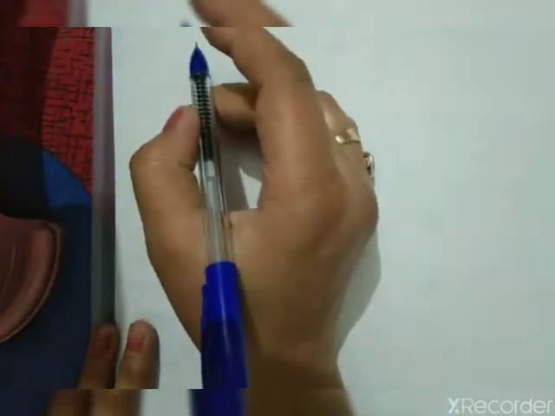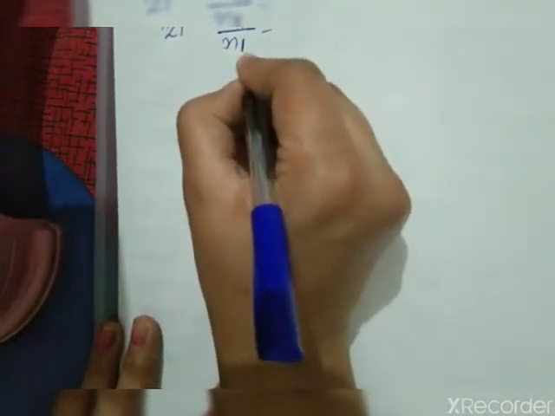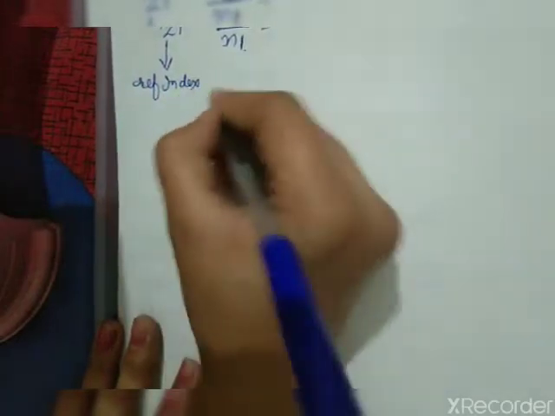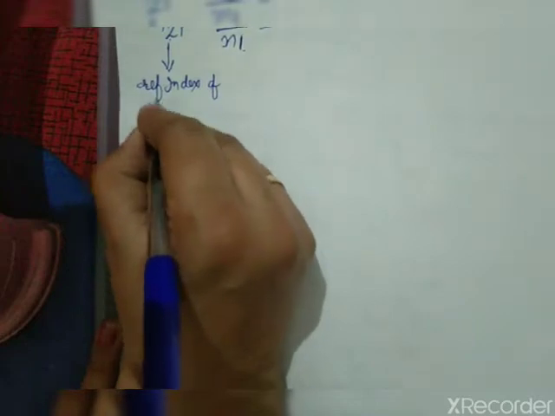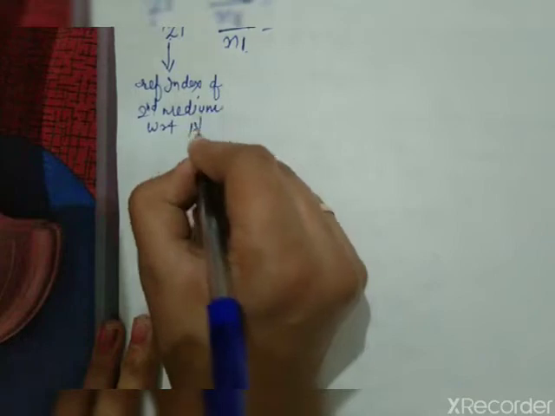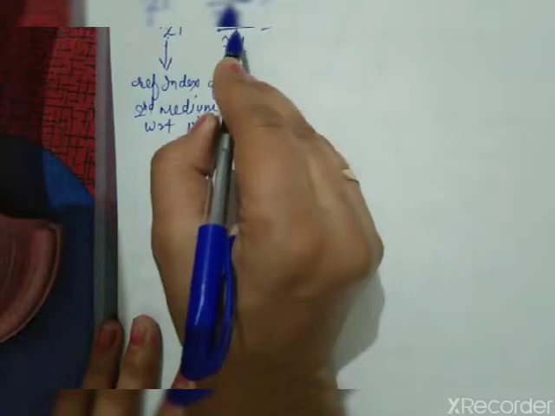Firstly dealing with it mathematically, then we will define it so as to be convenient to understand. What is n21? n21 means n2 by n1. What is n2? That is refractive index of second medium. n1 is refractive index of first medium, and this is refractive index of second medium with respect to first medium, that is given by n2 by n1.